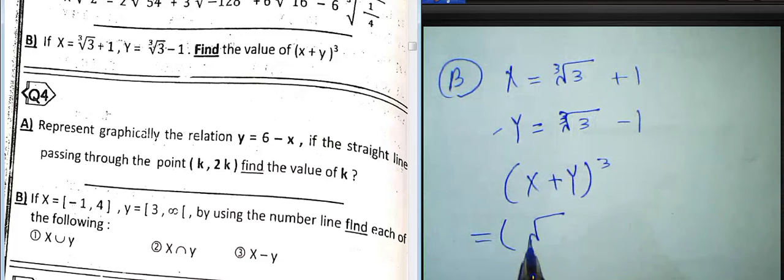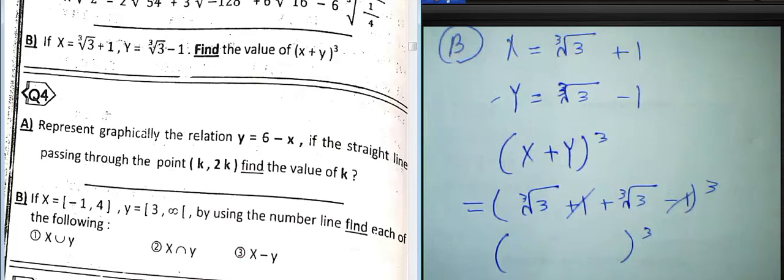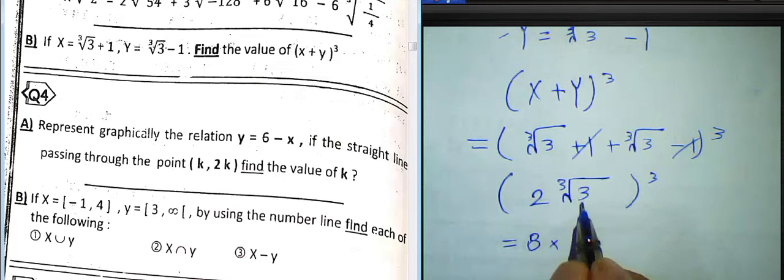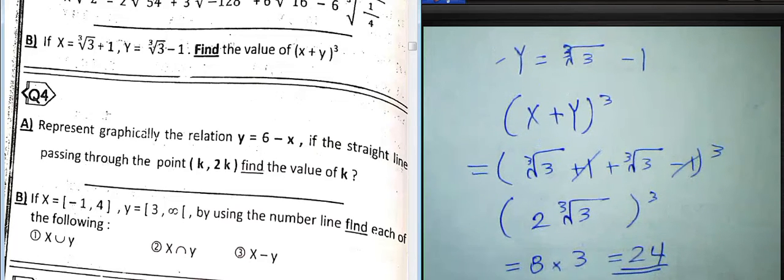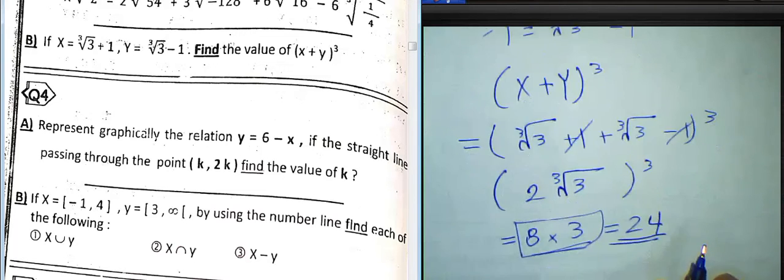We write cubic root of 3 plus 1 plus cubic root of 3 minus 1, all power 3. We cancel negative 1 by positive 1 and add them: cubic root of 3 plus cubic root of 3 is 2 multiply cubic root of 3. 2 power 3 equals 8, multiply by cubic root of 3 power 3, which equals 3. 3 times 8 equals 24. We use the distributive property here: 2 power 3 and cubic root 3 power 3, which is 3. So the result will be 24.